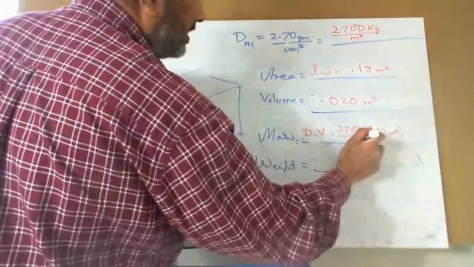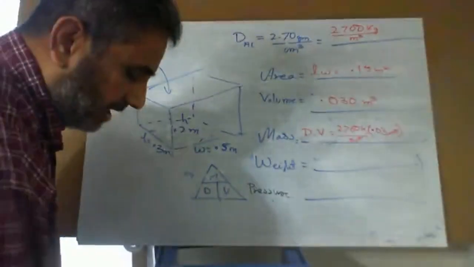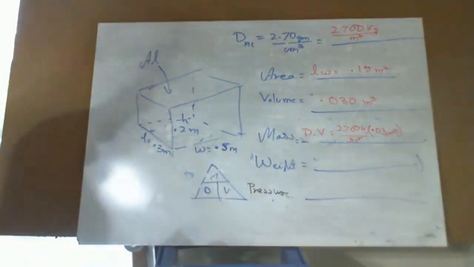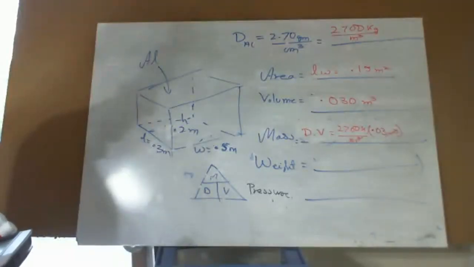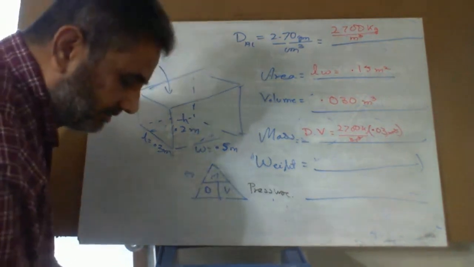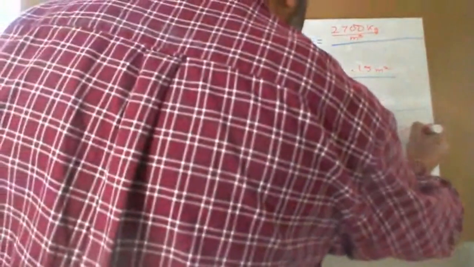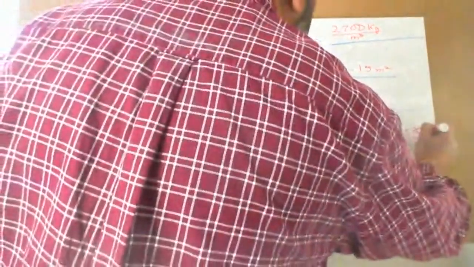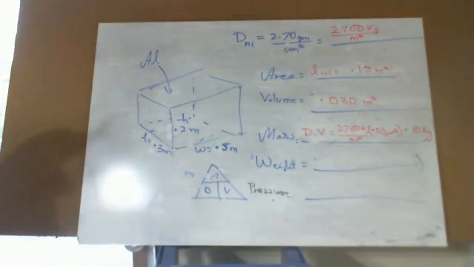So that and that will cancel off, and 2,700 times 0.03, you get 81 kilograms. So it would have a mass of 81 kilograms.